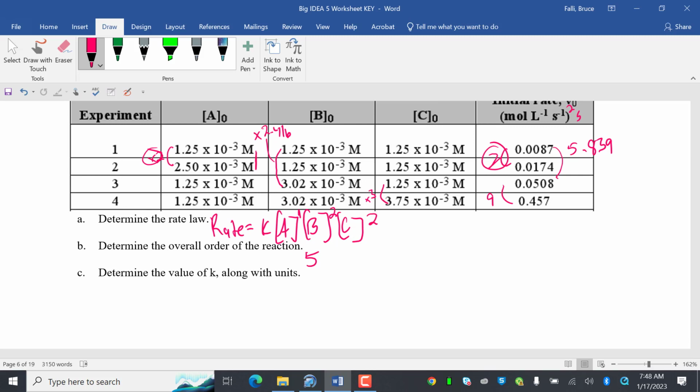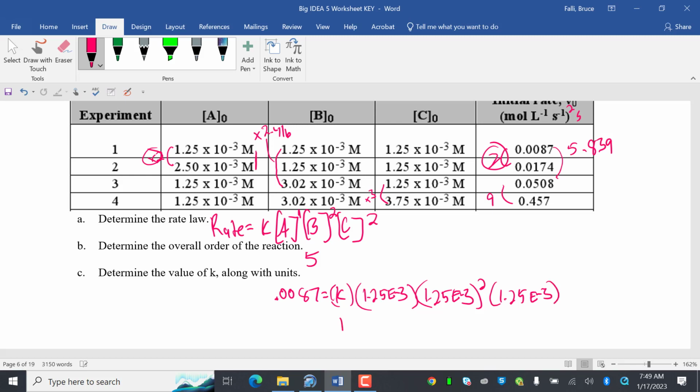Determine the value of K along with units. So, I like to take the first one, 0.0087 is the rate, equals K, which is what I'm solving for, times A to the first, 1.25 E negative 3, times B squared, 1.25 E negative 3, times C squared, 1.25 E negative 3.